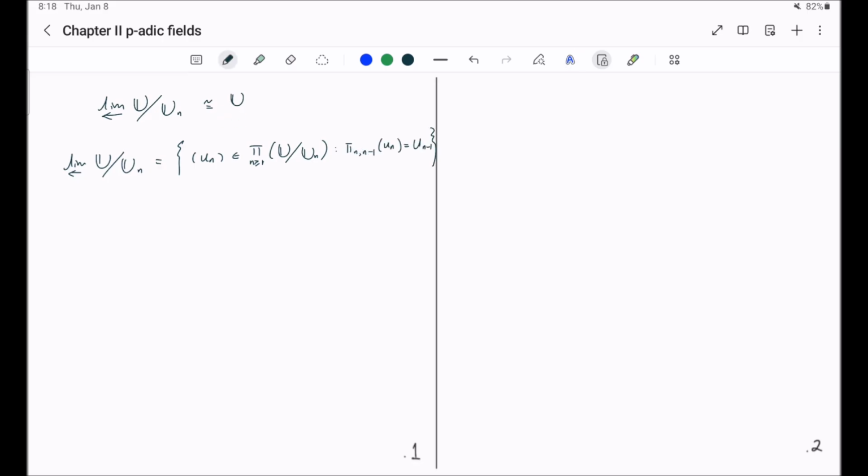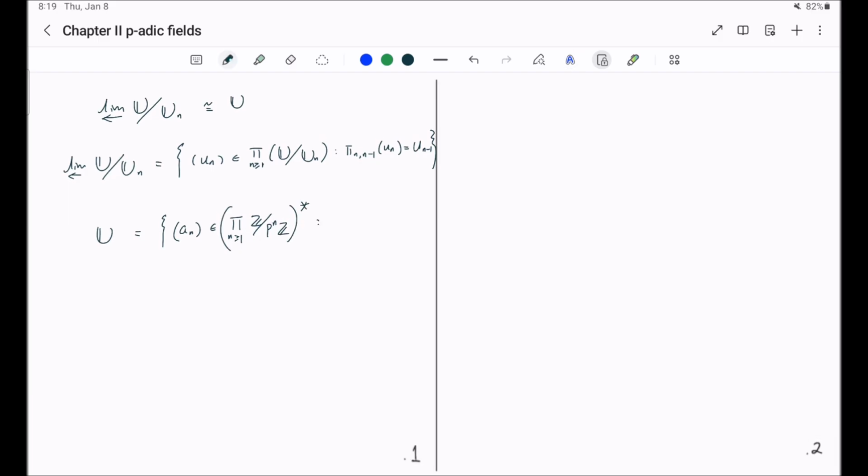And for the right-hand side, by definition, this is a collection of elements in Z_p that are invertible. And written more explicitly, this is the elements in the infinite product of Z mod p^n Z that are invertible, and we have the compatibility condition.